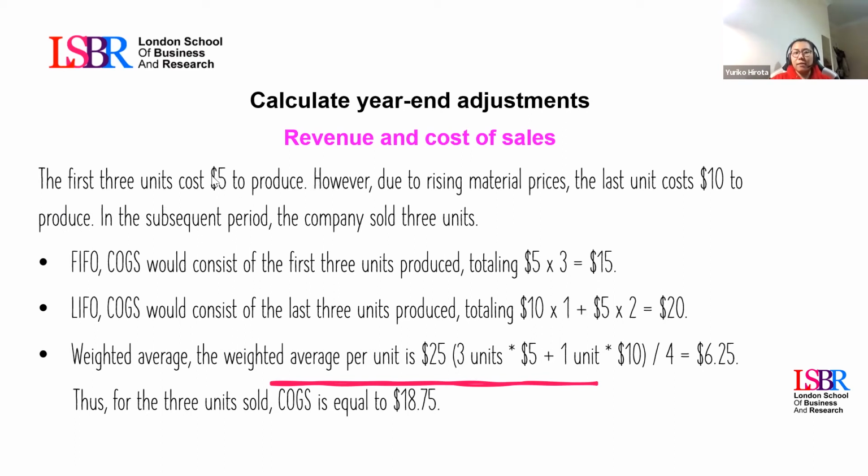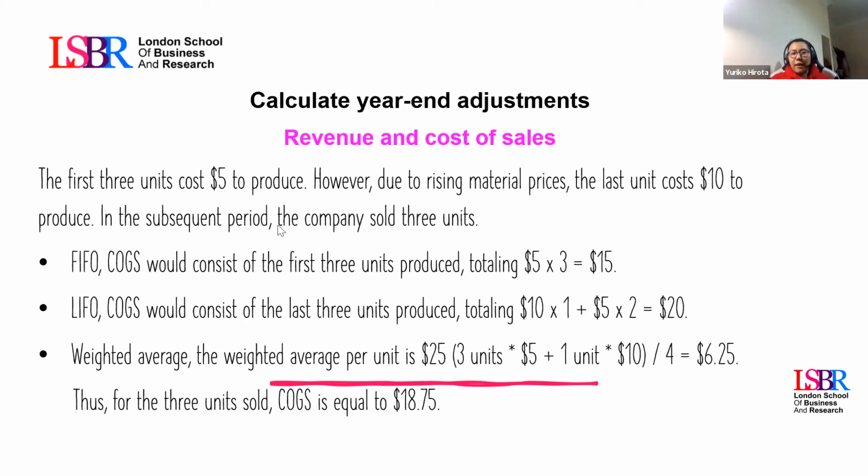This is the cost of the first 3 units. However, due to rising material prices, the last unit costs 10. So it means that the cost of the first 3 units is 5, and the cost of the last unit that we produce is 10.